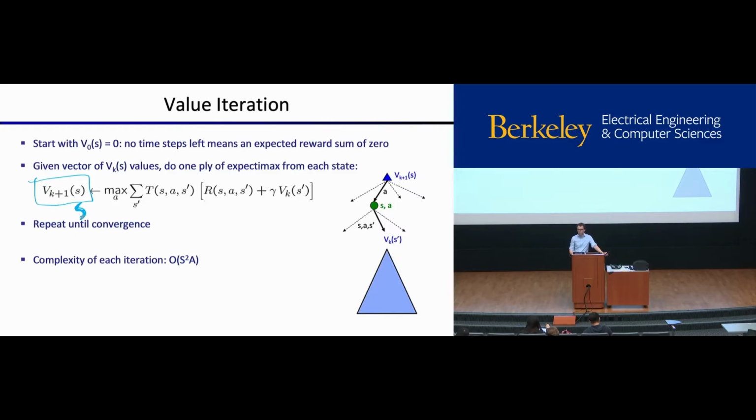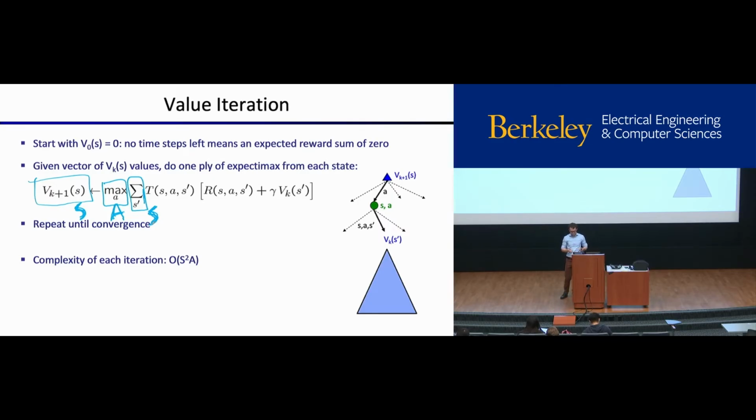We have to do this once for each s. And what are we doing at each s? Well, we're taking a max over actions. So we have to look at A things. And then what are we doing at each action? Well, we're looking at all the possible next states we could end up in. And there's S of those, right? So we have S, A, S. This is S squared A.